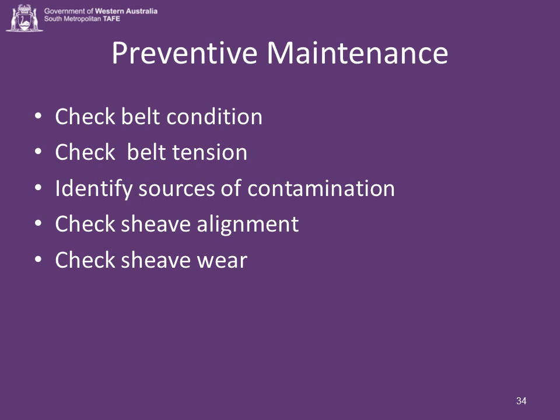Identify any type of oil, grease, or chemical within a meter of the belt. Check sheave alignment. If sheaves are not aligned to manufacturer specifications, then slippage can occur. Check the sheaves for wear using a sheave gauge to ensure the sheave is not worn.